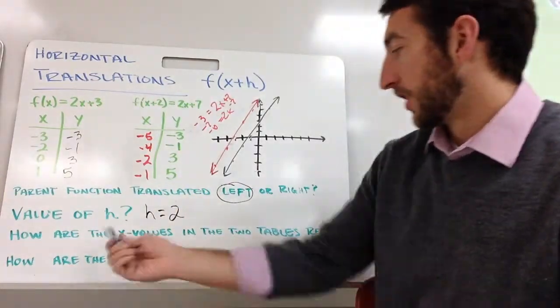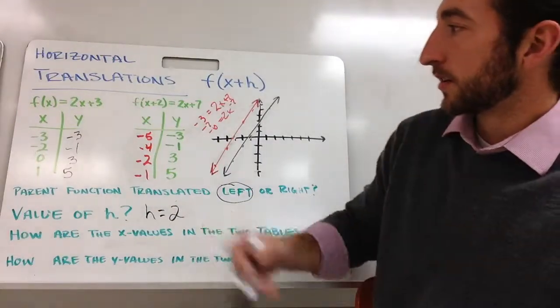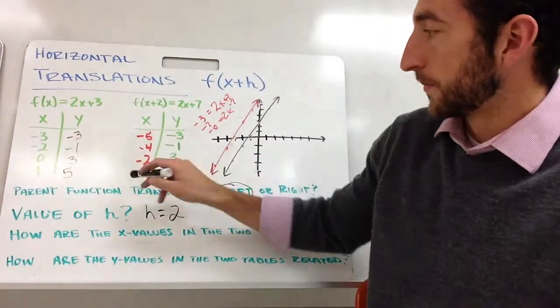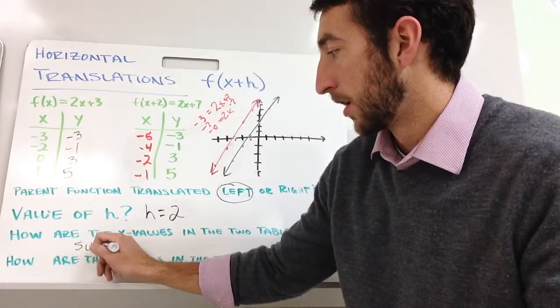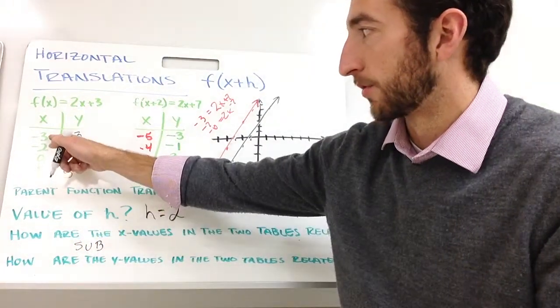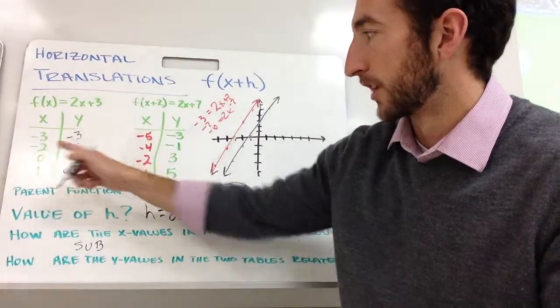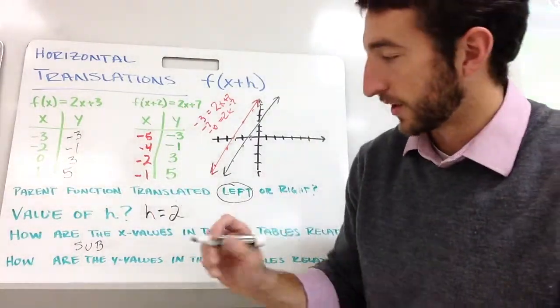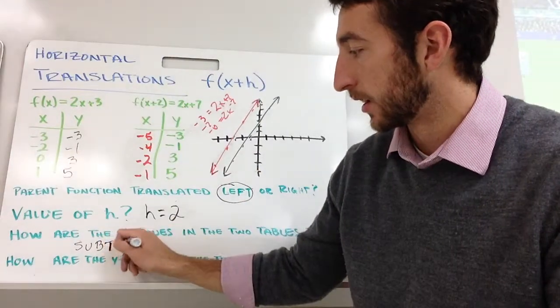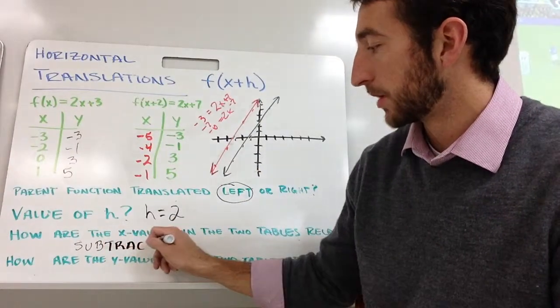And then how are the x values in the two tables related? So my x values are related, so I'm subtracting. If I went from -3 to -5, I went -2 to -4, 0 to -2, 1 to -1. If you notice that pattern, I'm subtracting 2 each time.